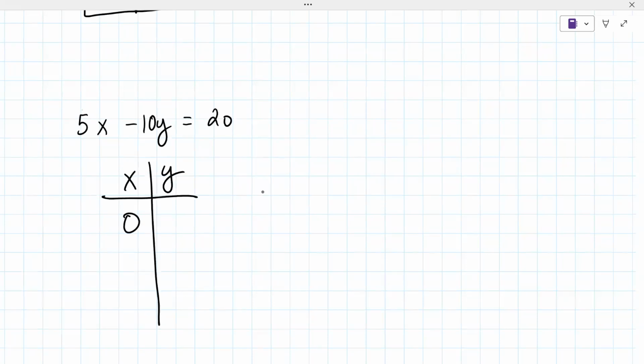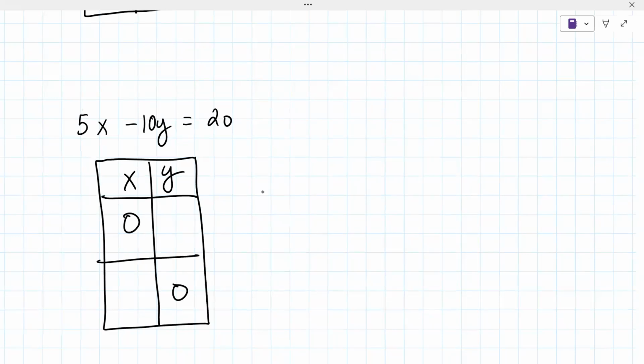All right, so let's look at some slightly more difficult ones here. Let's say it's 5x minus 10y equals 20. This one's a little bit different though.